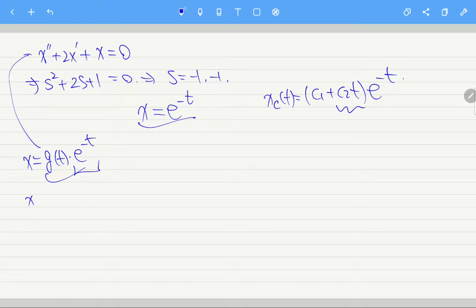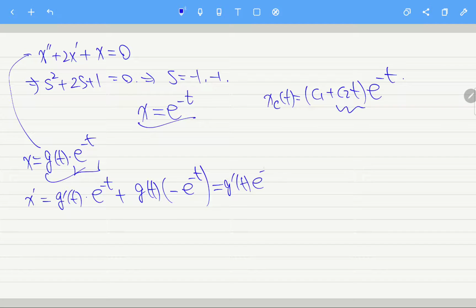So we have x prime to be, by the product rule, g prime of t times exponential of minus t plus g of t times minus exponential of minus t, because of the chain rule, so we have a negative sign here, which is g prime of t exponential of minus t minus g of t exponential of minus t.